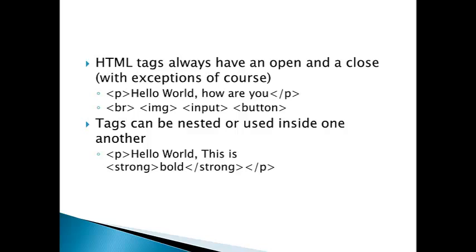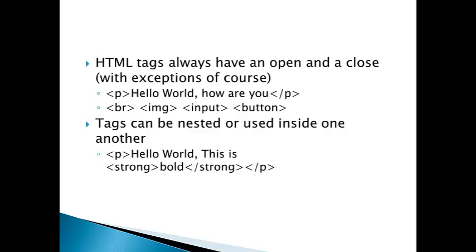Alright, next thing. HTML tags always have an open and a close, with exceptions. Okay. What that means is if we wanted to put some text, I'm going to put some text inside a paragraph tag. That's what that P means. Okay, you'll see it. Open caret P, close caret. That's just saying here's some generic body copy. This is where we may tell a story.